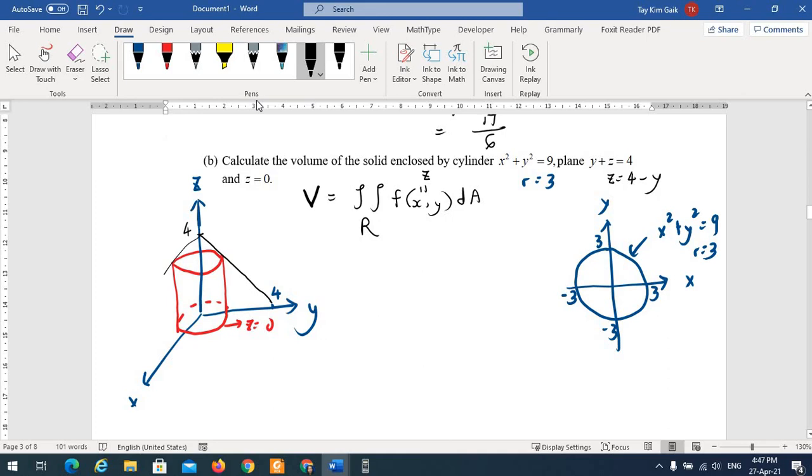When z is 0, y is 4. When y is 0, z is 4.